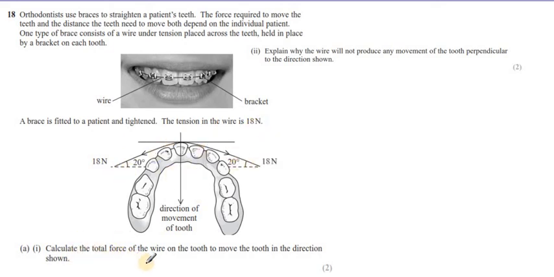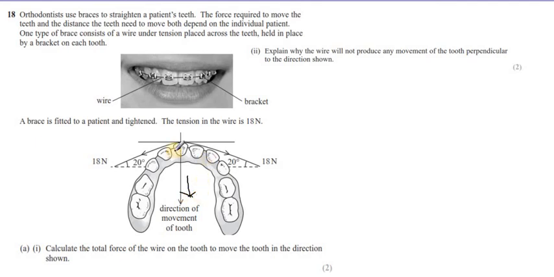Calculate the total force of the wire to the tooth to move the tooth in the direction shown. Okay, so meaning we need to find the total tension in downward direction.